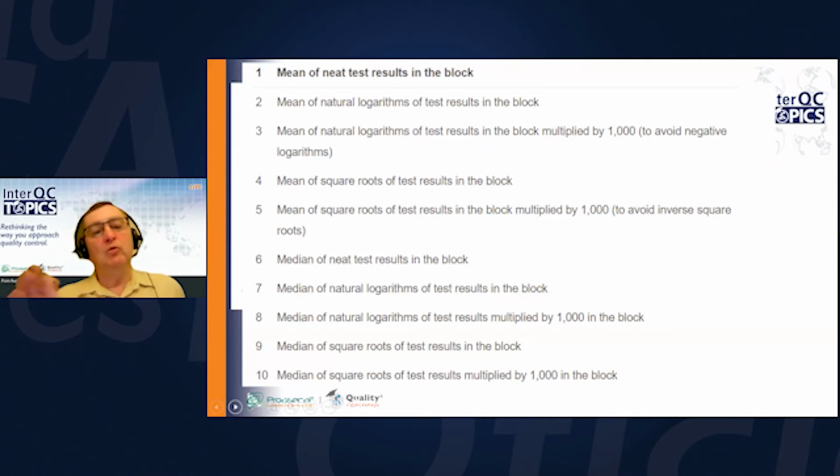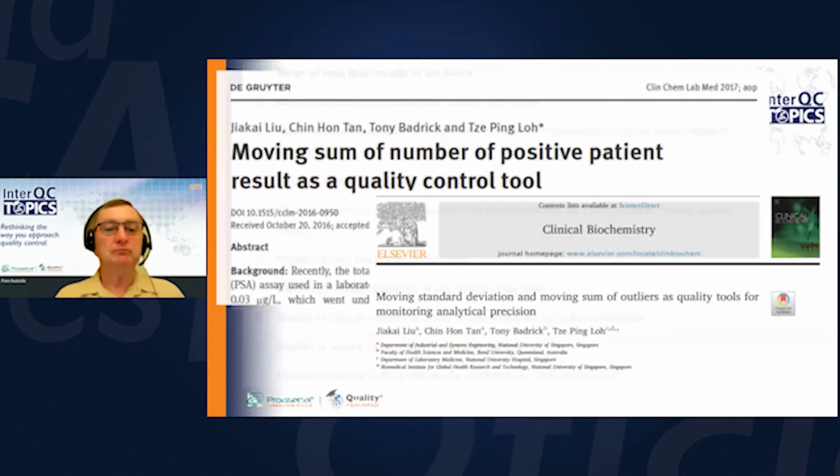In fact, this was quite an old paper now. Rather than go through these sort of options, we now use a Box-Cox transformation. So we optimize what the algorithm should actually measure. But there's other things you can use as well.